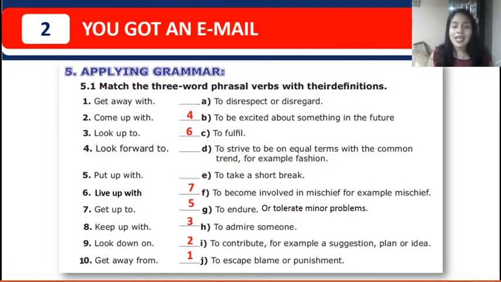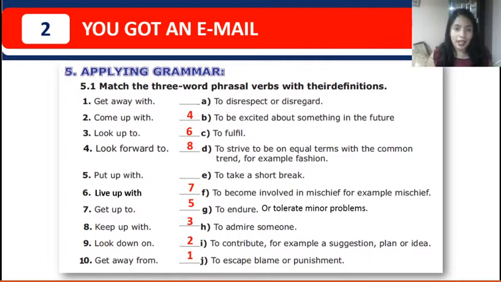What about 8? Keep up with. What is the meaning of keep up with? It's something related to the phrasal that we saw in the last class. Keep up with means to strive to be on equal terms with a common trend. For example, fashion.